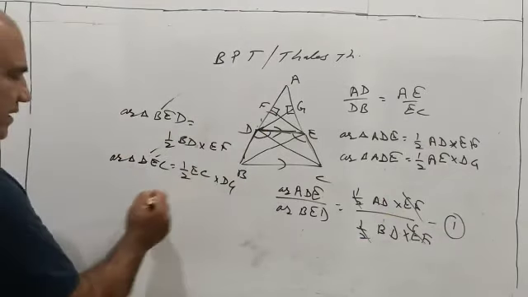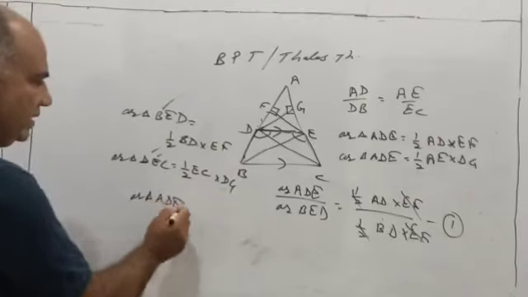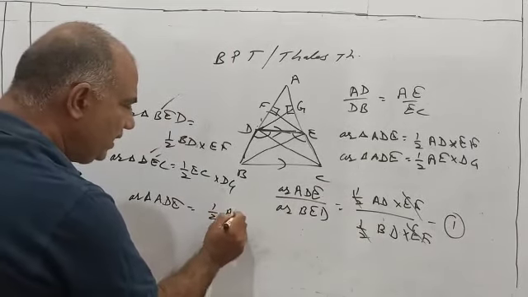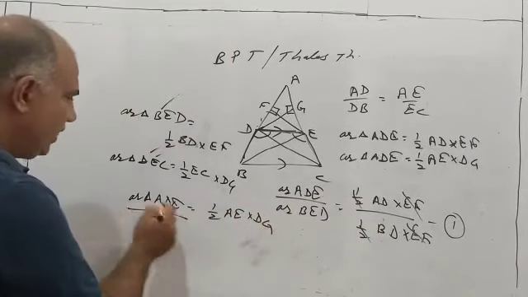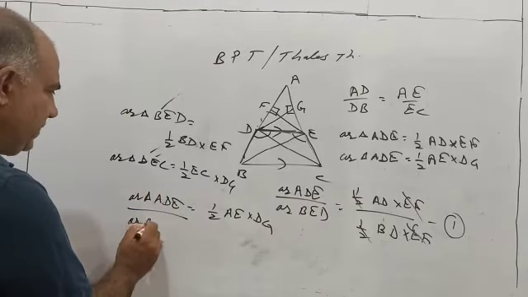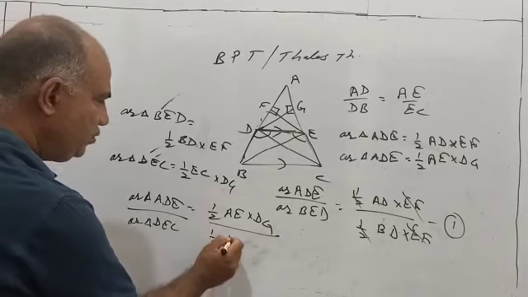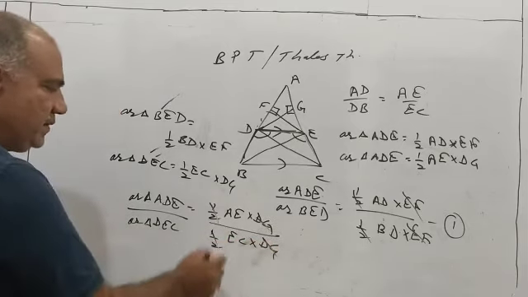Now again if I write area of triangle ADE, this time I will write half into AE into DG, divided by area of triangle DEC, and this time it will be half into EC into DG. This will get cancelled, this will also get cancelled.